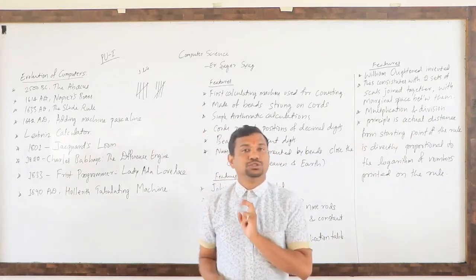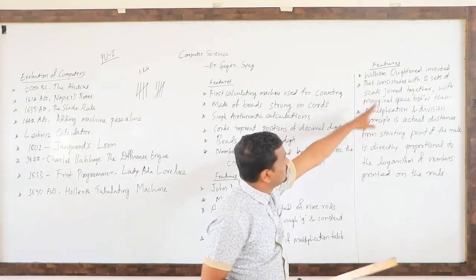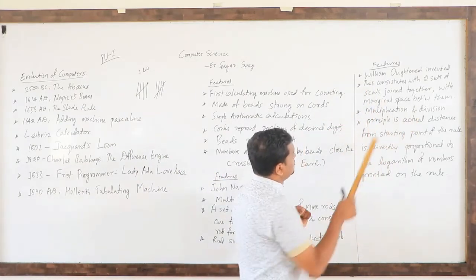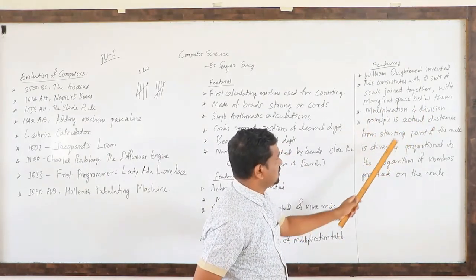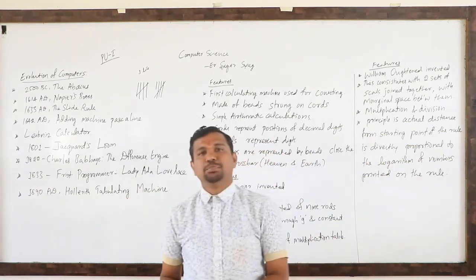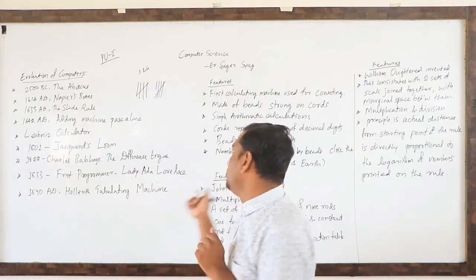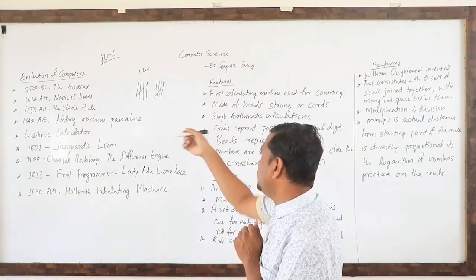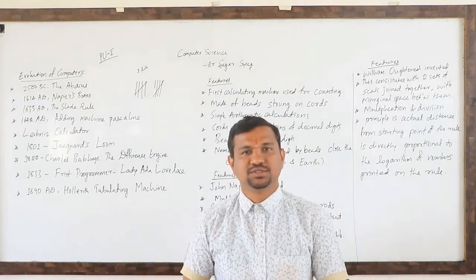Multiplication and division, both operations are implemented on the slide rule, and the principle is that the actual distance from the starting point of the rule is directly proportional to the logarithm of the numbers printed on this rule. So this is what we have regarding the abacus, Napier's bones and the slide rule.